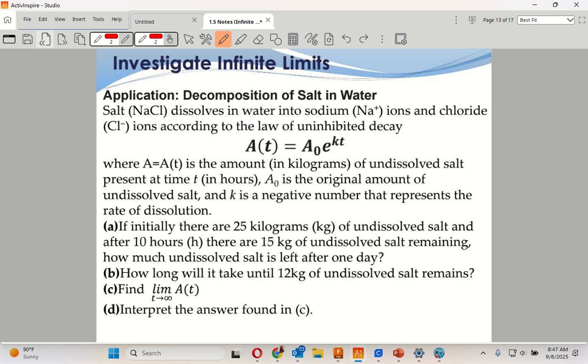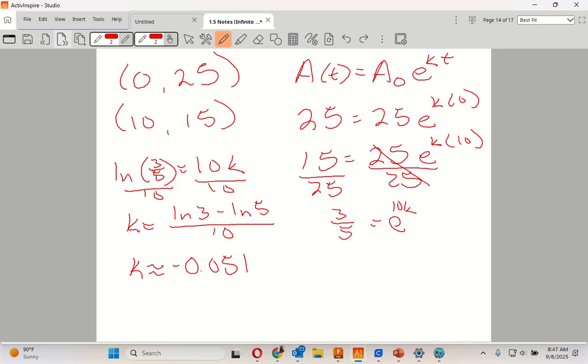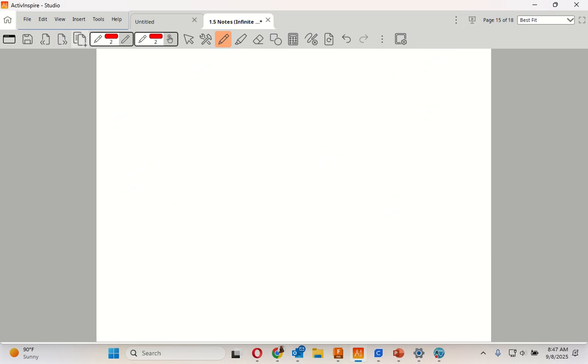So let's see. How long will it take until 12 kilograms of undissolved salt remains? Okay. So I want my output to be 12, right? So in my formula, I want my A of T to be 12, equals A sub naught.